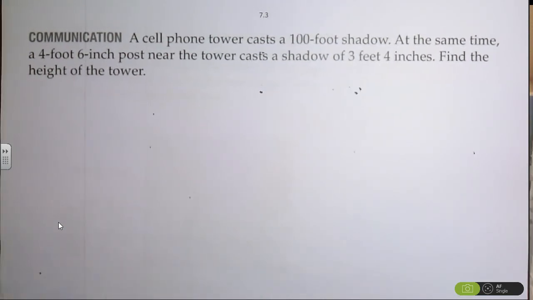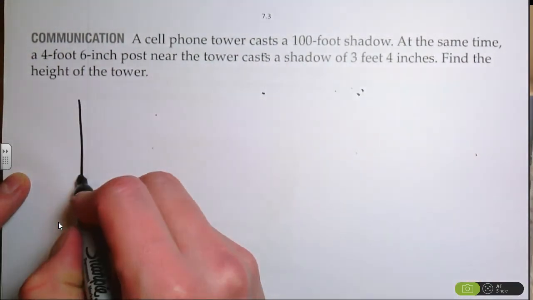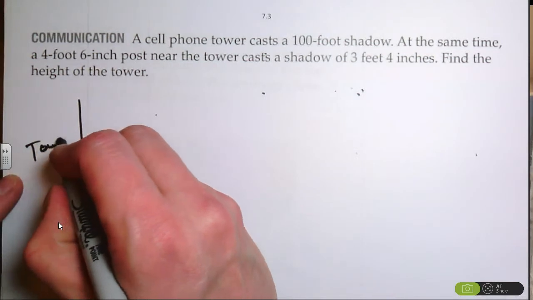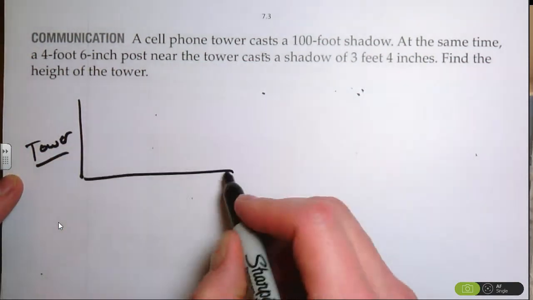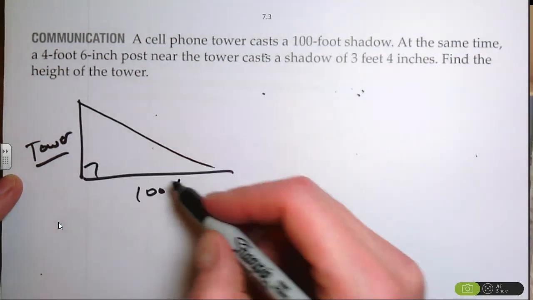So here's what we have set up. Cell phone tower casts a 100-foot shadow. So here's my cell phone tower. It has a 100-foot shadow, creating a right triangle.